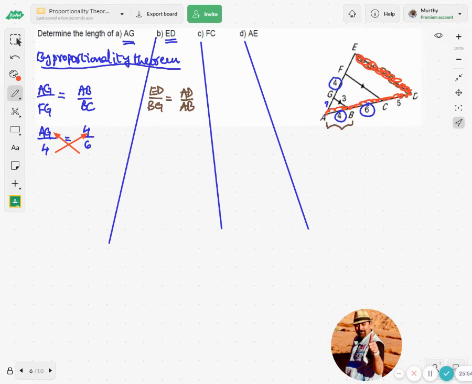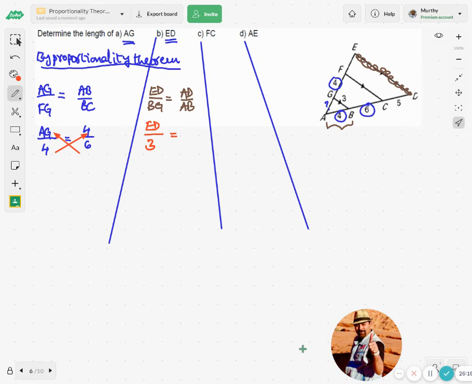You can see the numerators. Then I'm taking the small triangle sides, that is GB and AB, right? So what is the length of ED means we don't know. You can consider it as X or let it be ED. What is the length of GB or BG means you can see that that is 3 units.